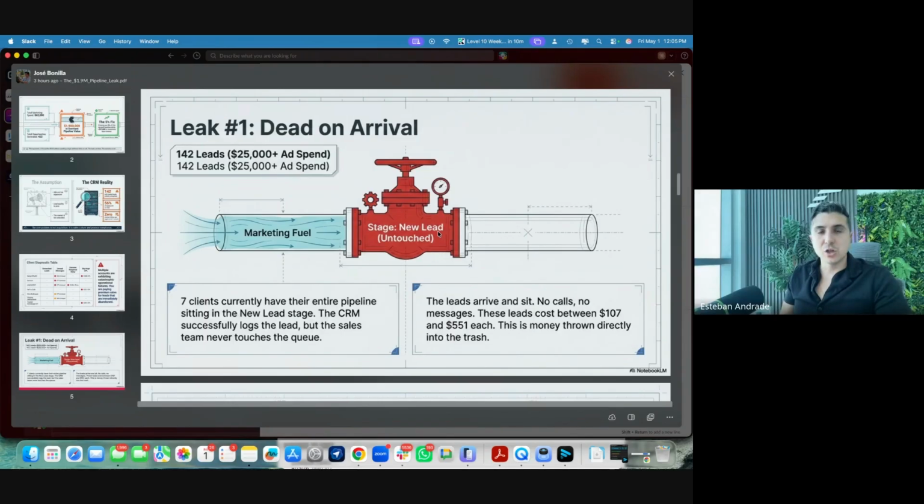All right, so this is leak number one. From 142 leads, you got marketing fuel, but then they stay untouched, right? So anyone in here has to take care of their pipeline stages.